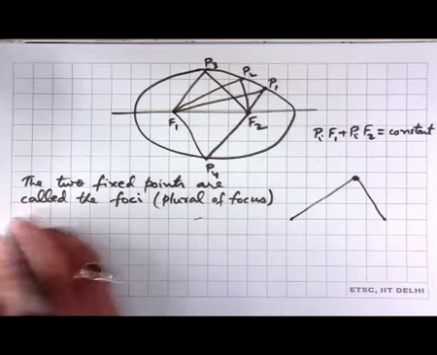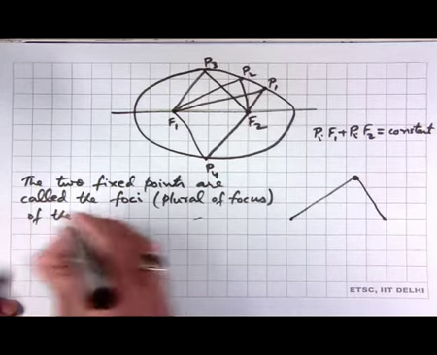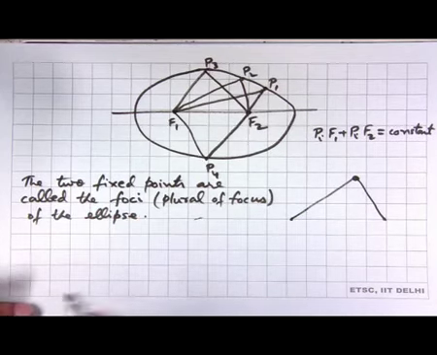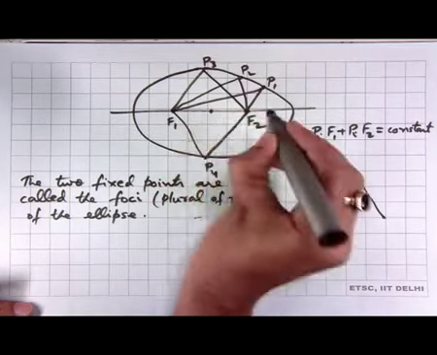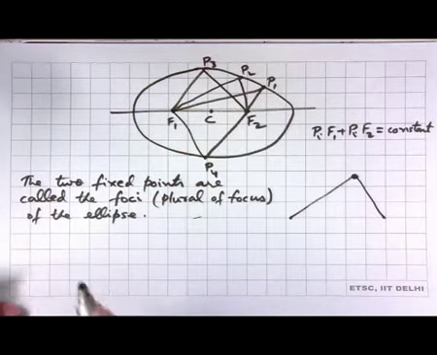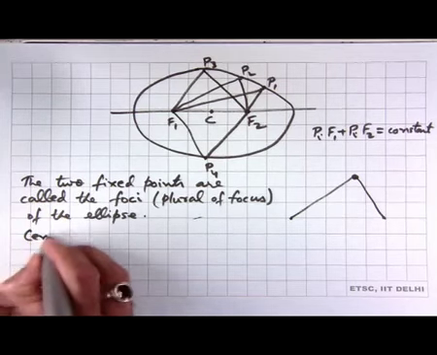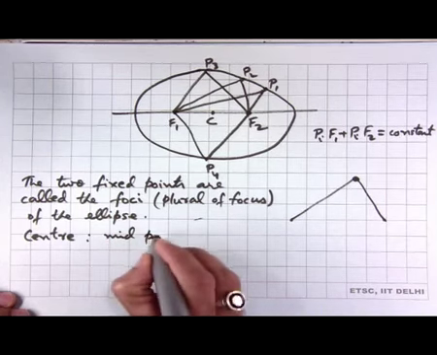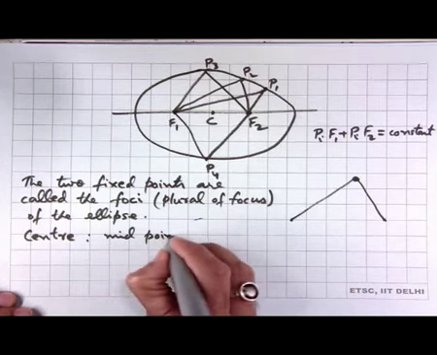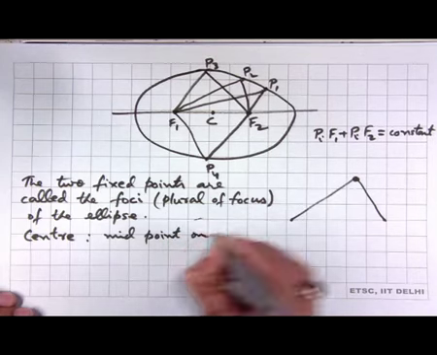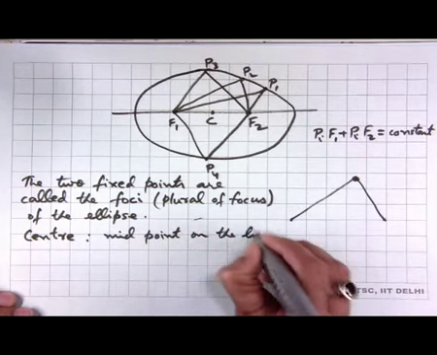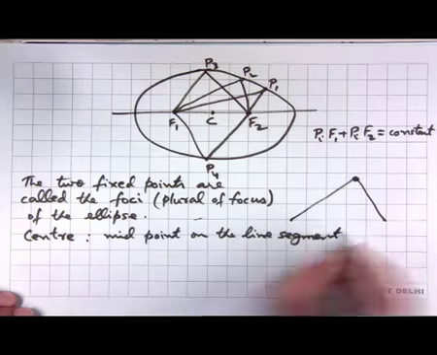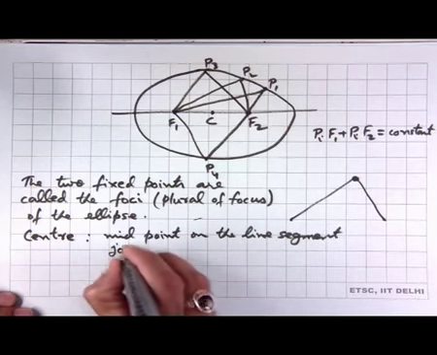So, there are two foci of the ellipse. The midpoint between the two foci is called the center. This is the midpoint on the line segment joining the foci.